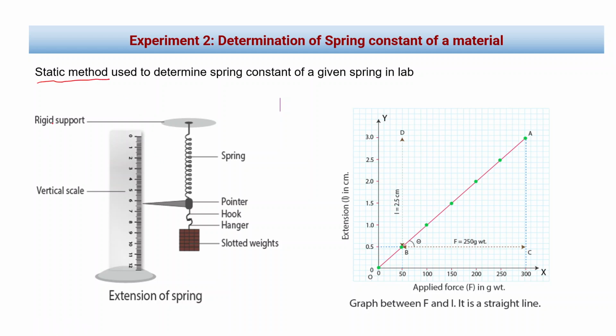Here we hang a spring from a support on a roof or some place, and like the way we did the experiment for determining Young's modulus, where we kept adding weight and there was a change in the beam depression, the same way for the spring, we'll keep changing the mass, and there will be elongation in this spring.